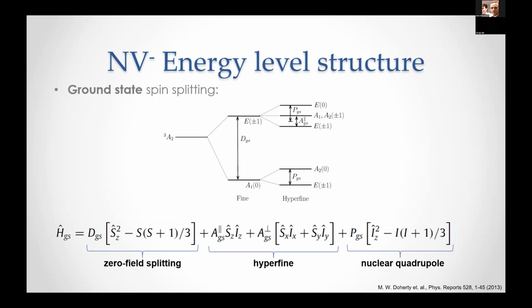And in addition to that, it has a hyperfine coupling to the nitrogen nuclear spin associated with that NV.